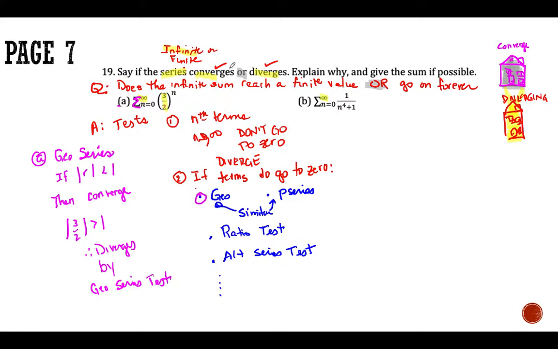If you were to expand this sum and get 3/2 to the 0 plus 3/2 to the first plus 3/2 to the second, the sum will bust out the house.